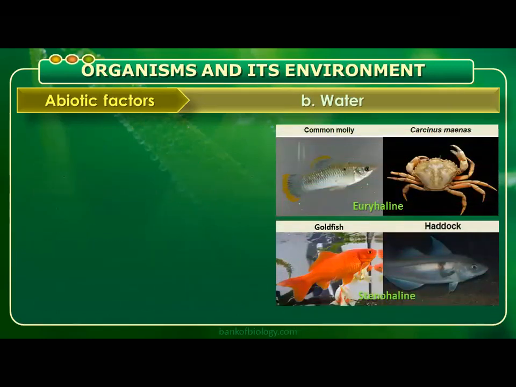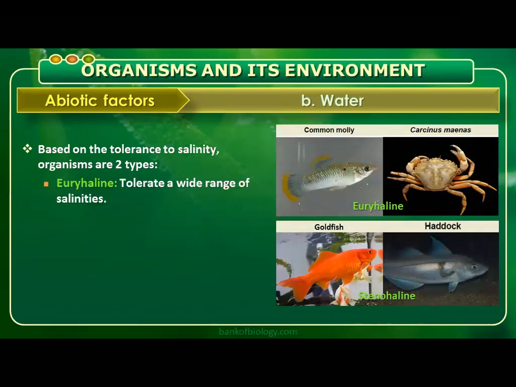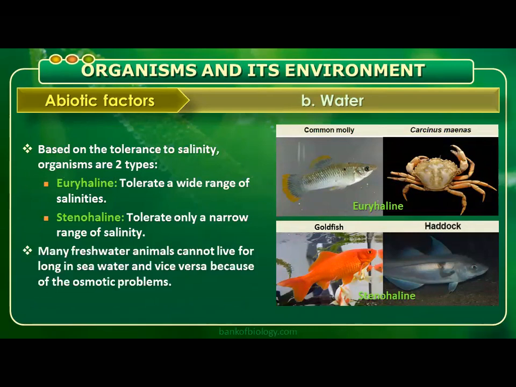Next. Based on the tolerance to salinity, the two types of organisms are: euryhaline, which tolerate a wide range of salinities, and stenohaline, which tolerate only a narrow range of salinity. So many freshwater animals, if you take a freshwater fish, are adapted to fresh water only.